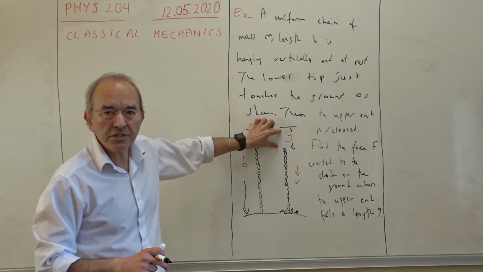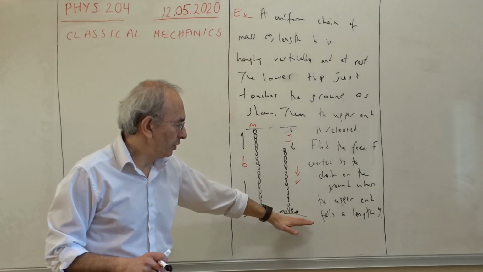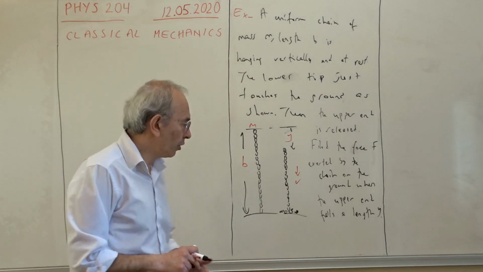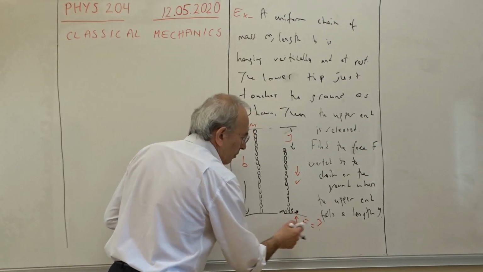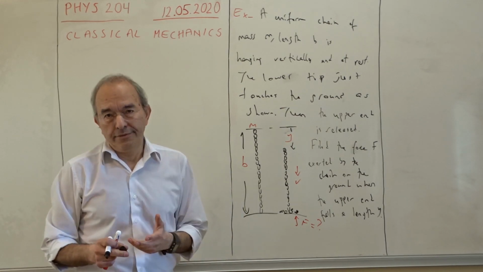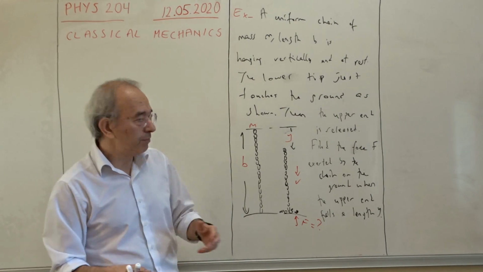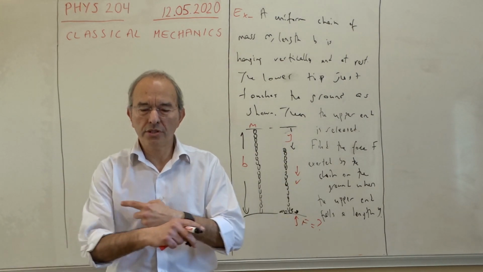And the missing part has accumulated already on the ground, on the table. So what is the force applied by the ground on the chain? Or I say, what is the force applied by the chain on the ground? You can also call it this way, because this is a two-way interaction.